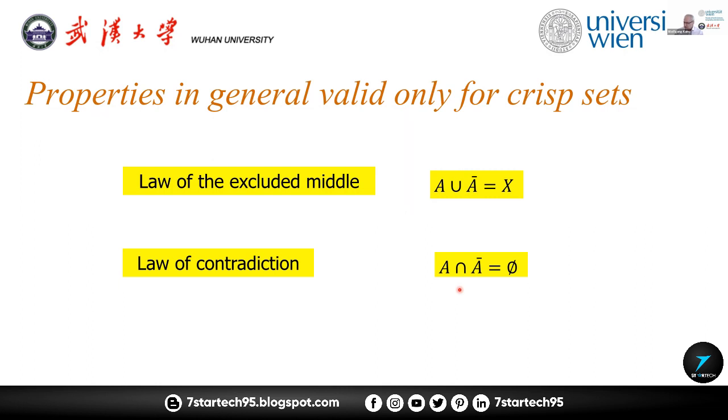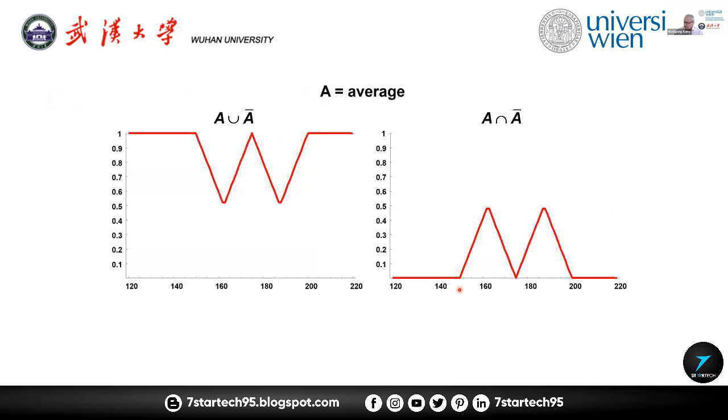You will see that in one example, and we can also verify it then using our Excel example. So here you have again the fuzzy set average height that we used in our example before. And when you take here, for example, the union of the set and its complement, then you get this membership function as a result.